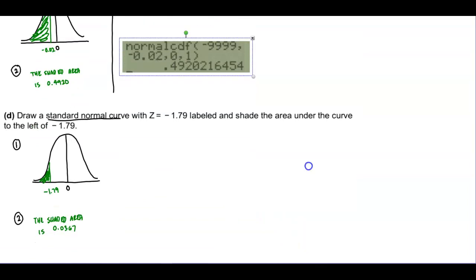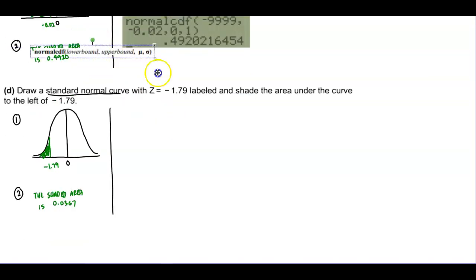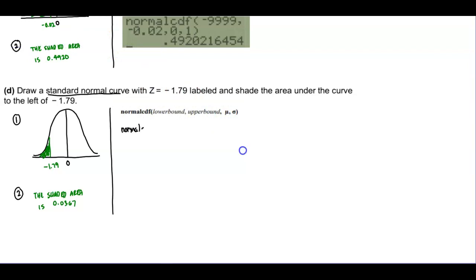And then let's take a look at the last one. Again, we have normal CDF. So we can see that when we use normal CDF, the lower bound again is negative 9999. The upper bound is negative 1.79 with a mean of 0 and a standard deviation of 1.